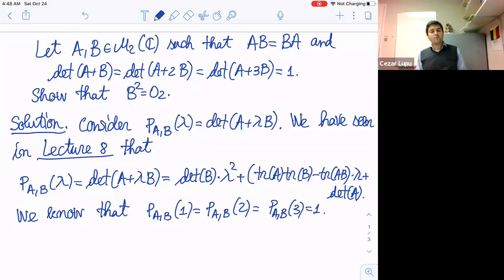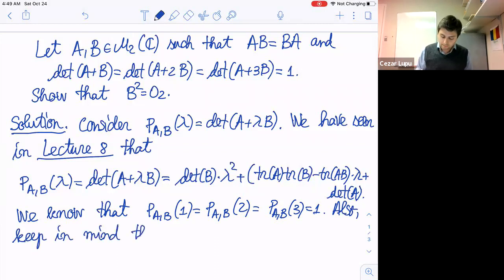So we know that for three distinct values, the polynomial is constant. And keep in mind that the degree of this guy is less or equal than 2.